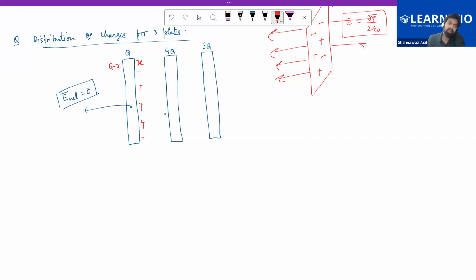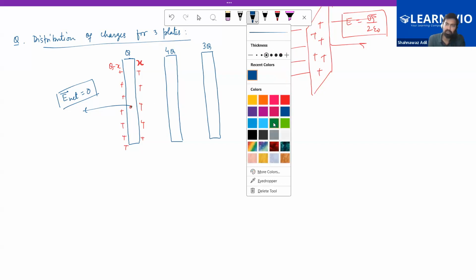So now, what is the electric field contribution at this point? At this point, due to X charge, the electric field would be in which direction? Right or left? What would be the direction of the electric field at this point due to X charge?